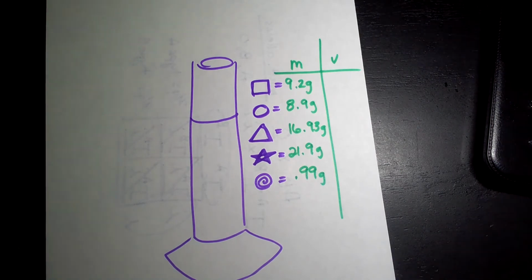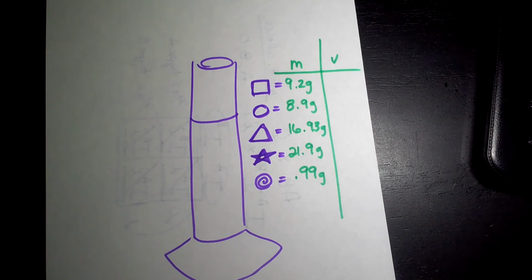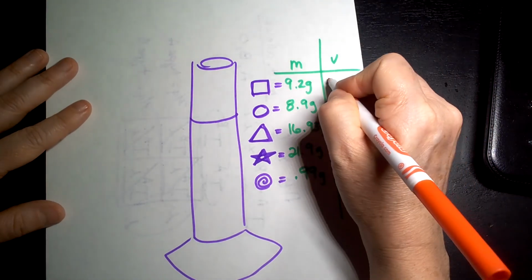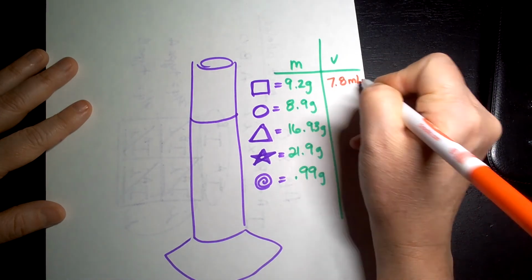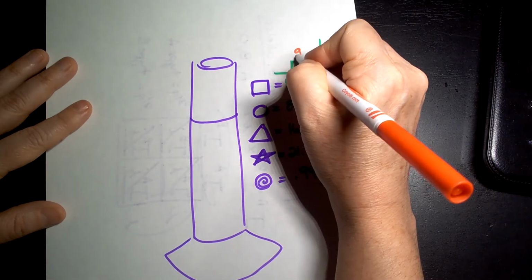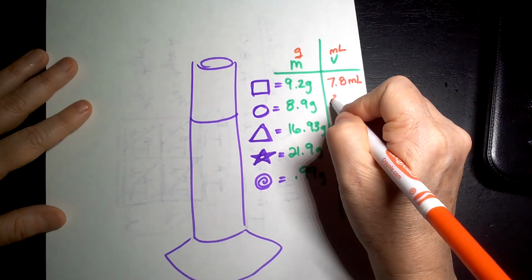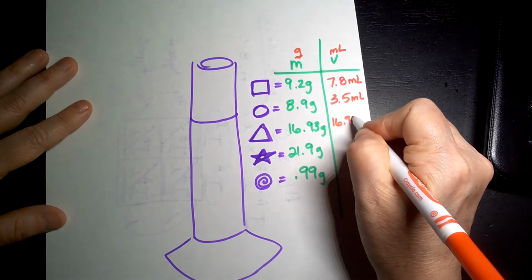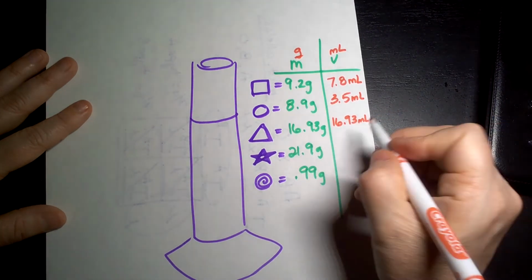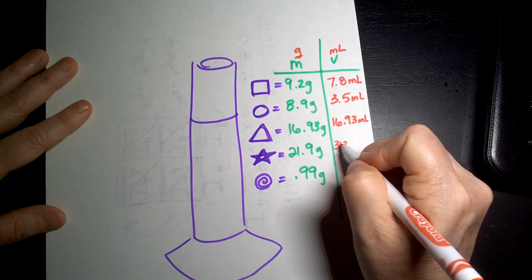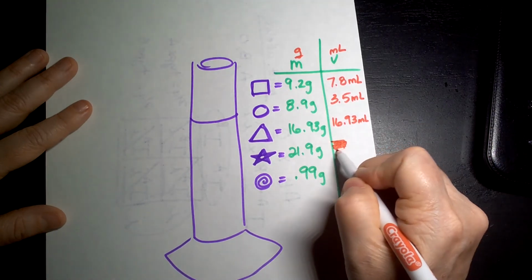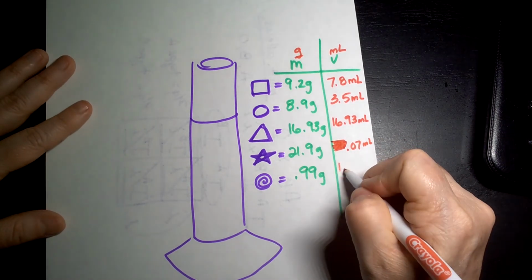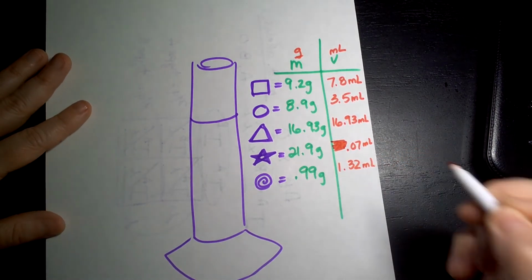And then your volume for your different items, you would have, let's see, 7.8 milliliters. I'll let that be milliliters and let this be grams. 3.5 milliliters, 16.93 milliliters, 0.07 milliliters, and then 1.32 milliliters.